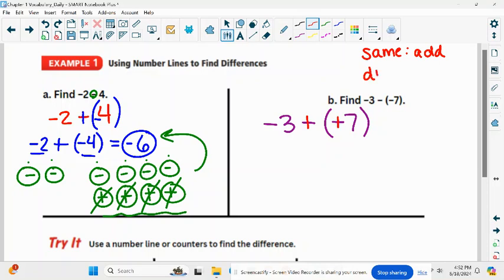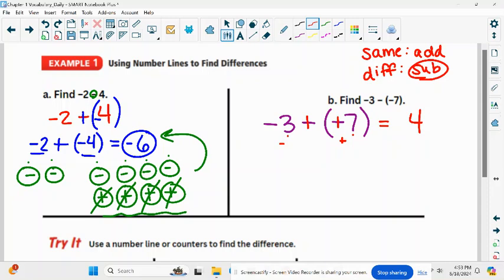If they're the different sign, we subtract. So looking at our signs here, we have a negative and a positive. So we have different signs. So different signs say I'm going to subtract. So I'm going to take the largest absolute value, 7, and subtract 3. I'm going to get 4.